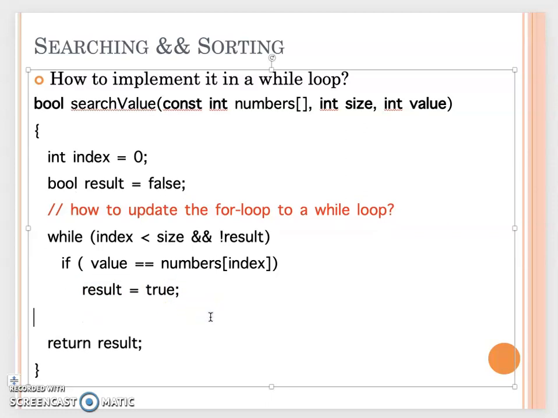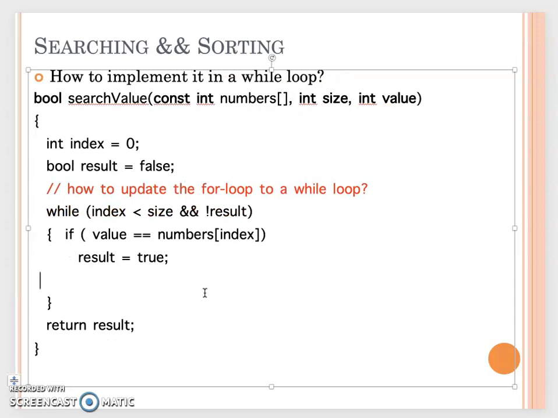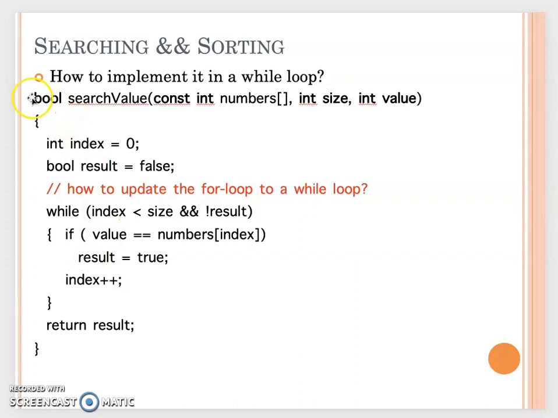And don't forget, here in my while loop, I need to increment my index, because that's the while loop. So if I find it, I set the result equal to true. Otherwise, afterward, my index needs to increment. Then, when I finish this while loop, I just return the result. That's how you implement the bool return type for the searching value function.